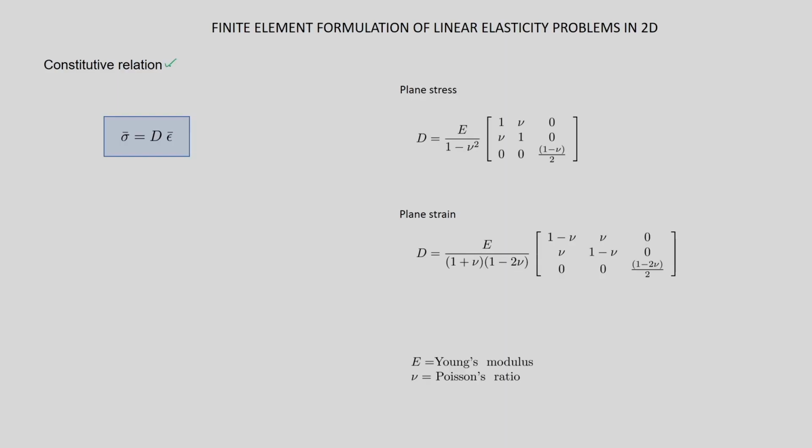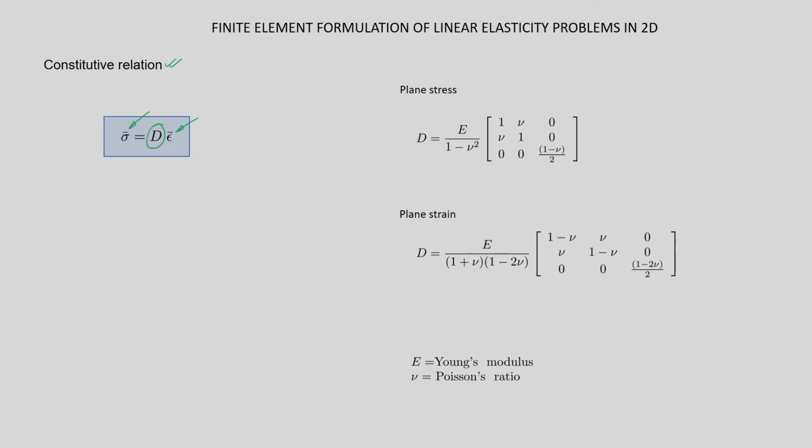Now, here we are talking about the constitutive relation. This relates the kinematic part with the corresponding kinetic part, that is, the strain, which is based on the deformation of the body, is related to the stresses that keep the body in equilibrium.